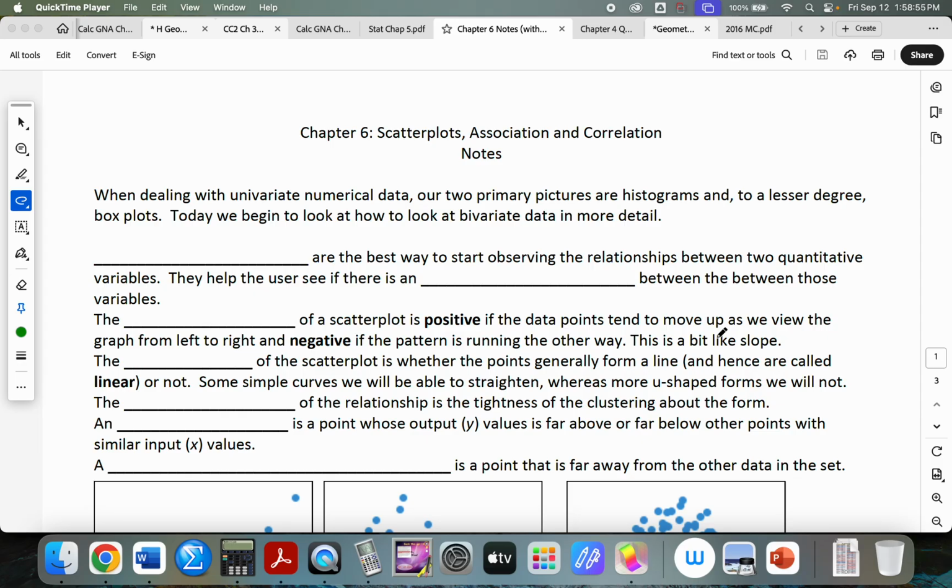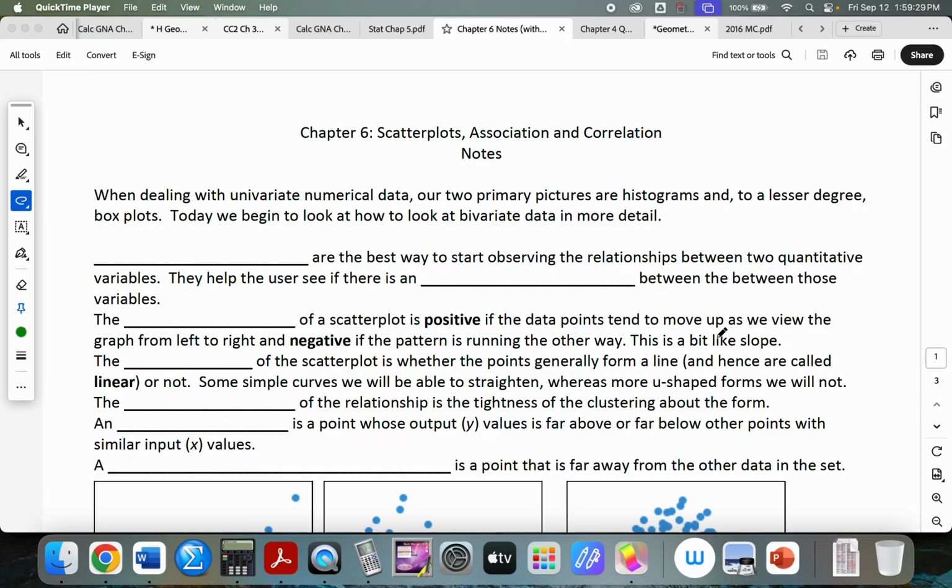So when dealing with univariate numerical data, so that's just one variable. When they say univariate, people are like, what? And I'm like, this just means uni, one, variate, variable. Our two primary pictures are histograms and to a lesser degree box plots. Today we're going to start looking at bivariate data, where you have two different variables, which frankly is what you've mostly done with variables in high school math classes.